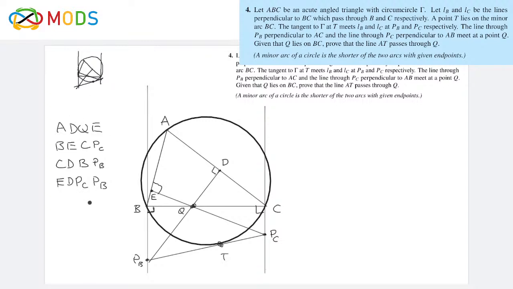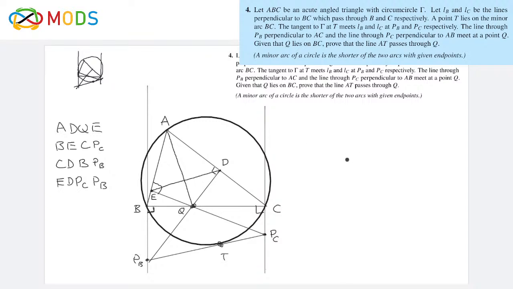Yeah, okay, wait. So let's just draw in a few more lines, I guess. And that straight line all the way. No, never mind.